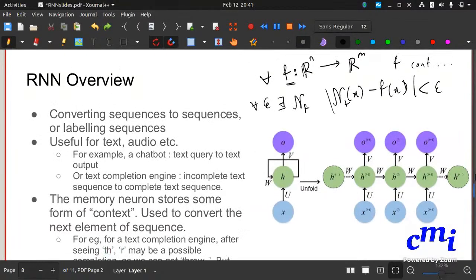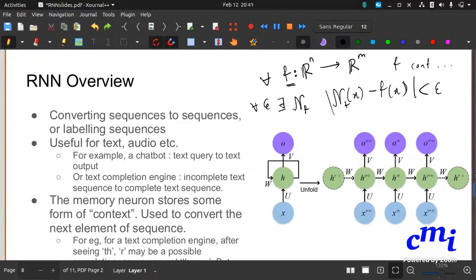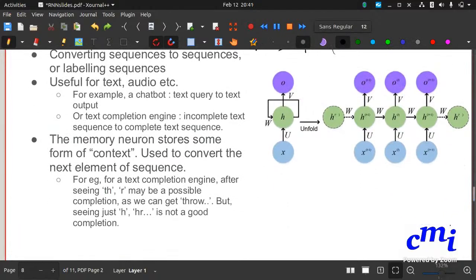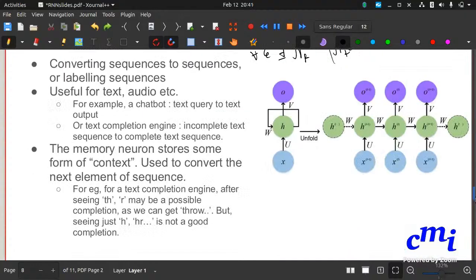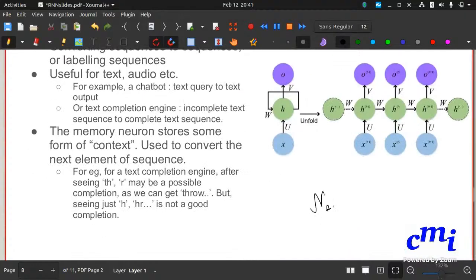What is my function f, or here, what is my network n? The network n takes in x and the hidden state, so this is going to be in some Rn plus Rns, where plus means concatenate.